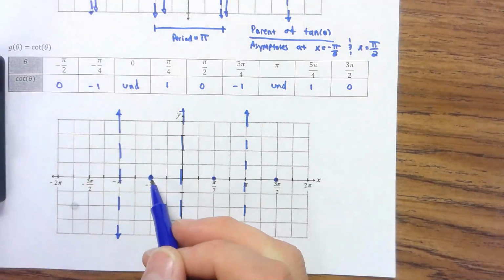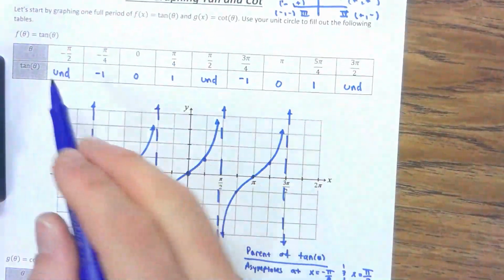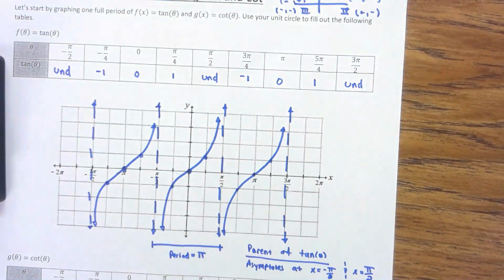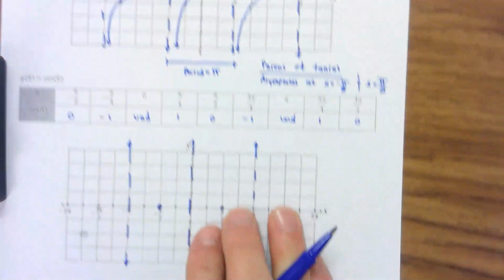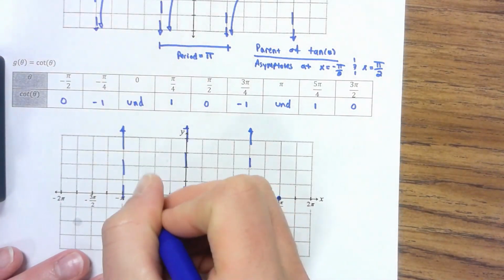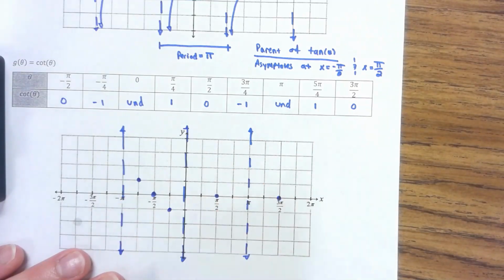The amplitude ends up being, for tangents, if I go right 1, how far up or down? The amplitude here was 1, so I went right 1, up 1. If I go left 1, I need to do the opposite and go down 1. With cotangent, instead of going right 1 and then up by the amplitude, I'm going to go left 1 and then up by the amplitude, and then right 1, down 1.